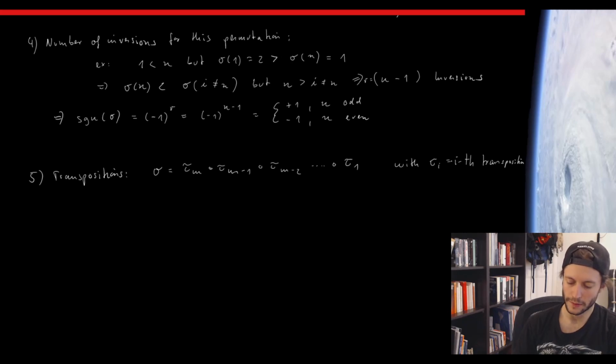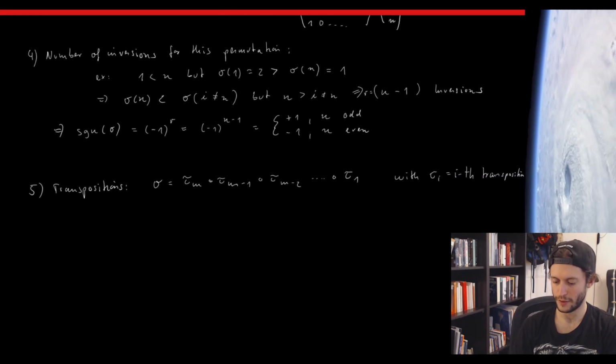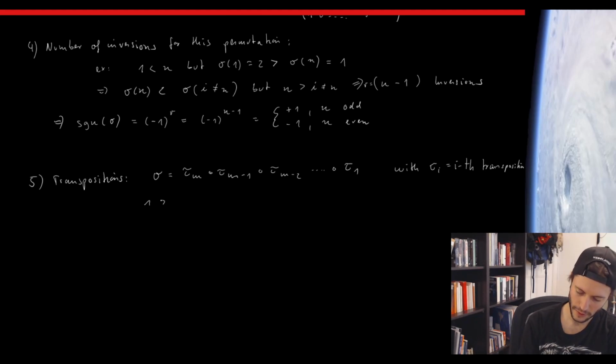Alrighty. Well, let's do some thinking here. What can we do? I write down the Cauchy version just to have it here and not have to scroll. 1 became 2, 2 became 3, 3 to 4, and so on. n-1 became the nth element, and n was mapped to 1.